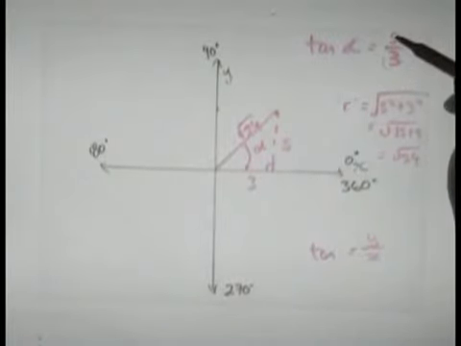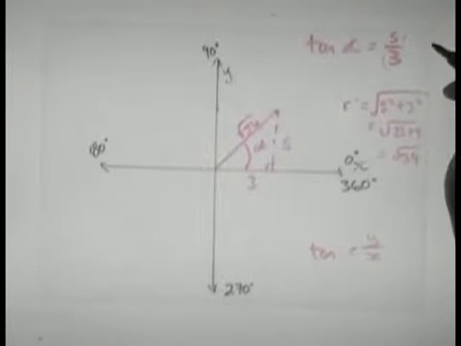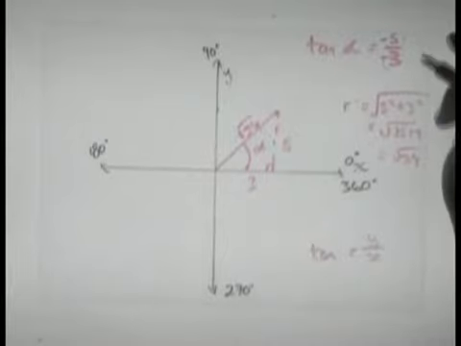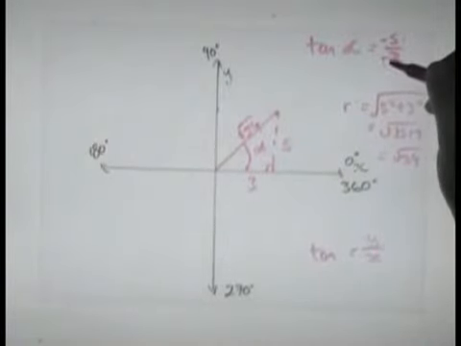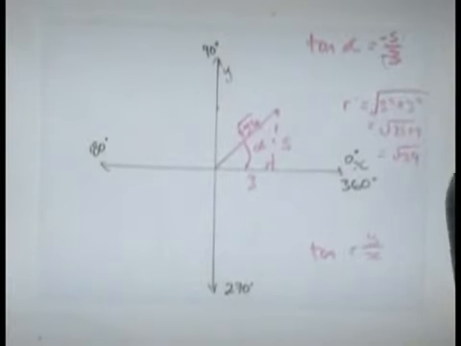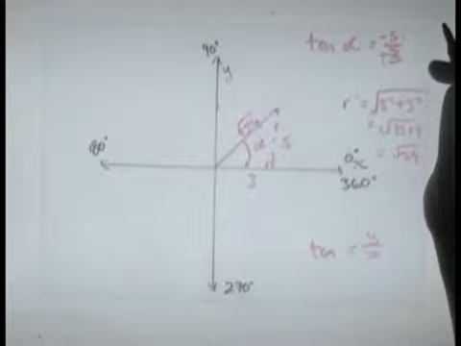The other possible angle that could adhere to that is negative 5 over negative 3. Wouldn't negative 5 over negative 3 also give us positive? Negative divided by negative is positive, right?